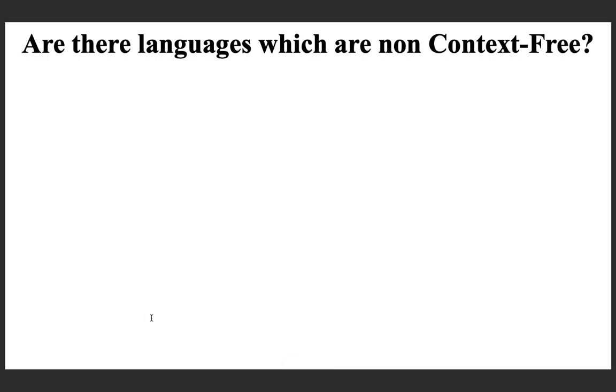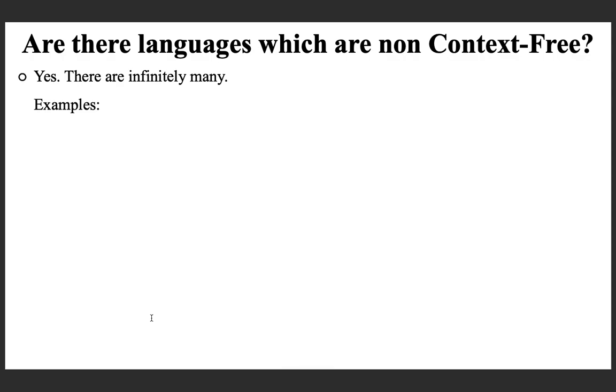Before we look at an example context sensitive grammar, let us recall some non-context free languages that we discussed. We saw that there are non-context free languages, so we need to have more powerful grammars, and in fact there are infinitely many non-context free languages, not just one or two.